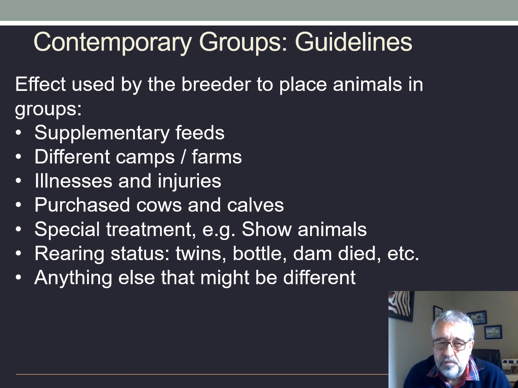When new animals are brought in, there's usually an adaptation period where the animal needs to adapt to the new circumstances. If there are special treatments for shows or sales or whatever the case might be, and those animals get extra supplementary feed, that needs to be recorded as well, as well as the possibility where there are differences in rearing status or anything else that might affect the performance or the recording or the value of the trait that's under consideration.